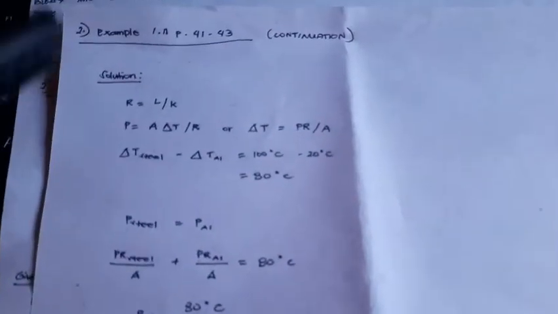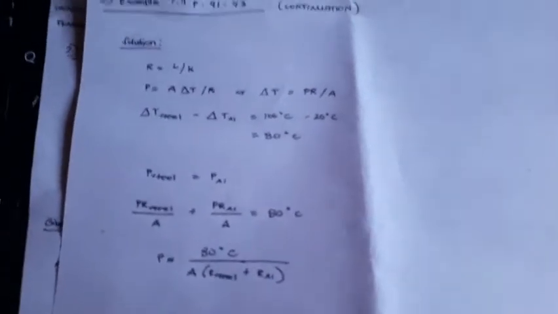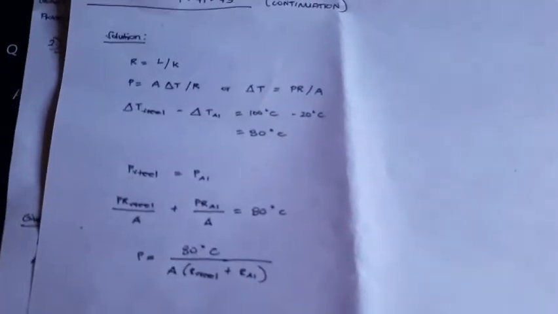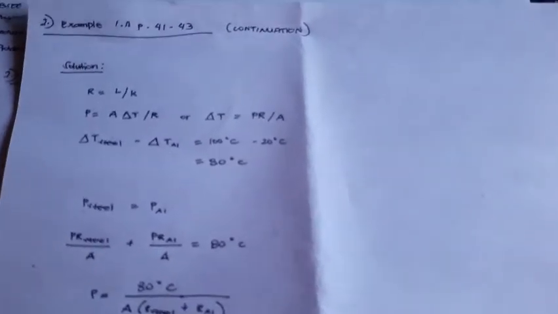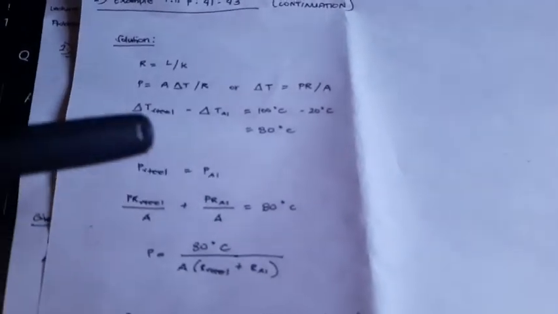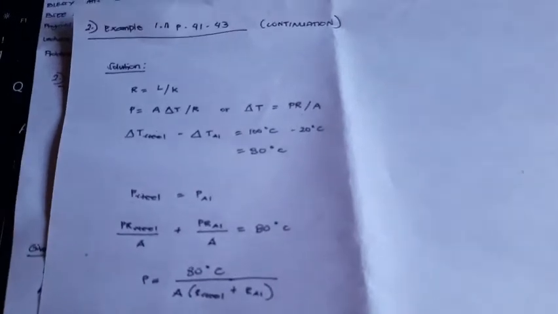So the other method in the book is this. R is equal to L over K, P is equal to A times change of T over R, or the change of T is equal to PR over A. We know that the change of T steel plus change of T aluminum is equal to 100 degrees Celsius minus 20 degrees Celsius, so we just subtract.